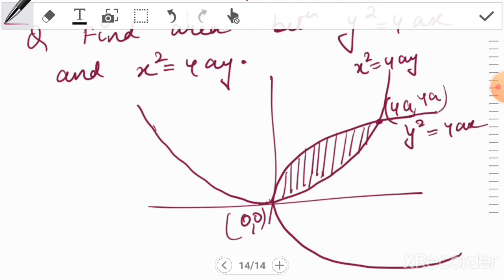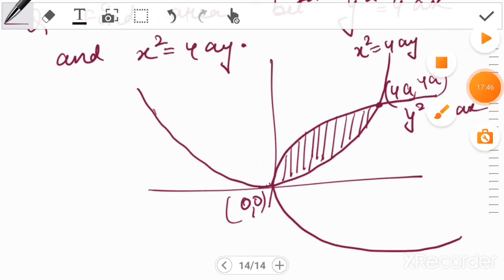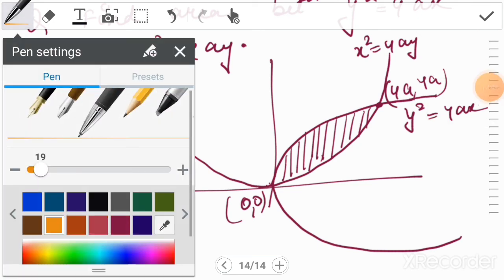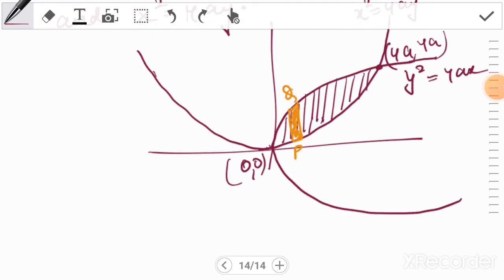Then for the shaded area between these two parabolas, x is constant, so this is a vertical strip, say PQ.